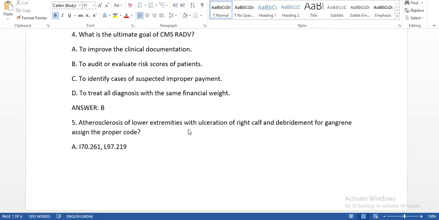Using this risk adjustment, using current year data, CMS evaluates next year's burden of the patient, like how much amount we need to utilize for this patient in the next year. So our fourth question answer is to audit or evaluate risk scores of patients. Based on these risk scores only, patients will get benefits.